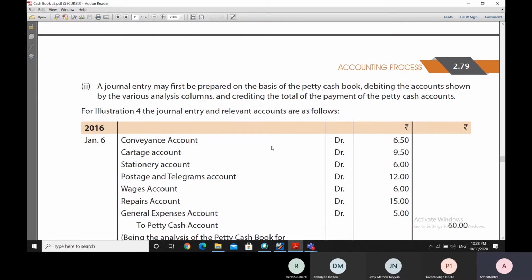For illustration 4, the journal entry and the relevant accounts would be like this. We are making a journal entry here.